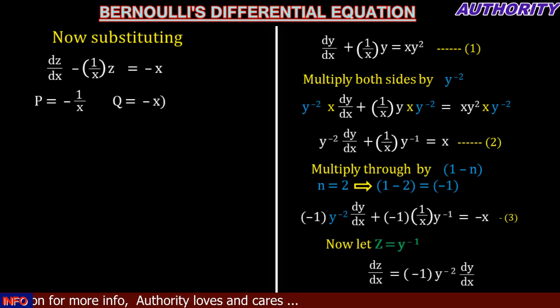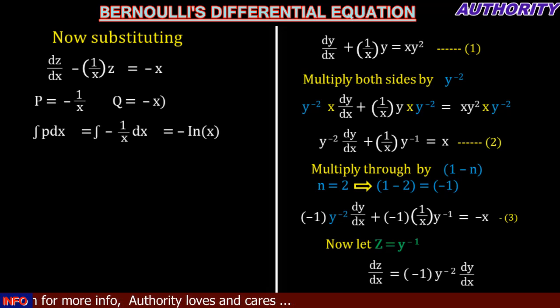So since we have p equal to minus 1 all over x, let's integrate p with respect to x. We integrate minus 1 all over x with respect to x, and when we do so, we have minus ln x.